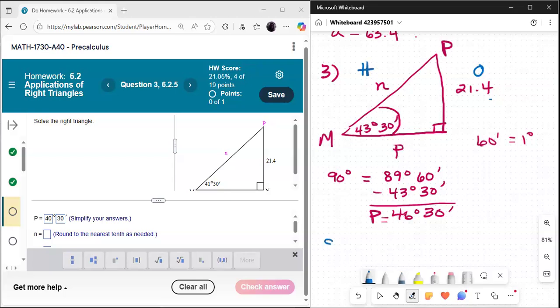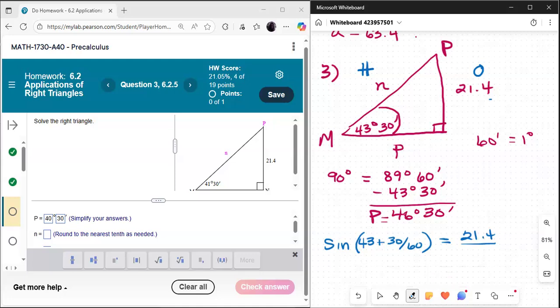So we have the sine of 43, and I'm just going to write this as a decimal, plus 30 over 60 is equal to the opposite, which is 21.4 all over n.